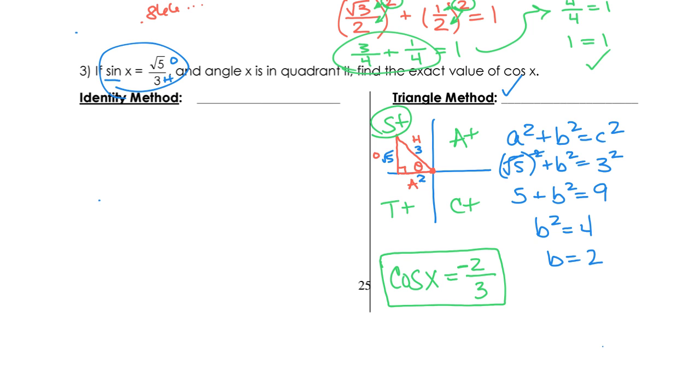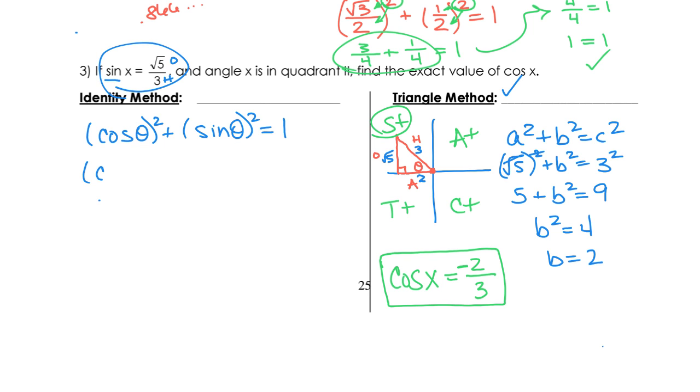All right. If we use the identity, we get the same exact answer, just a little bit different way of finding it. So we'll go ahead and use the Pythagorean identity to find it. And so we'll write that down first. So cosine theta squared plus sine theta squared equals 1.